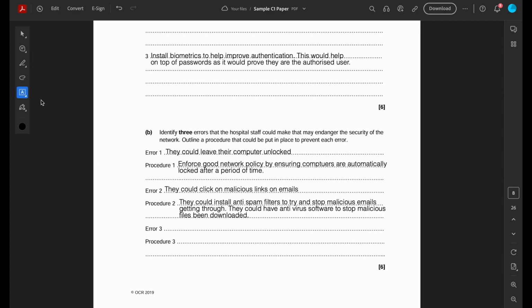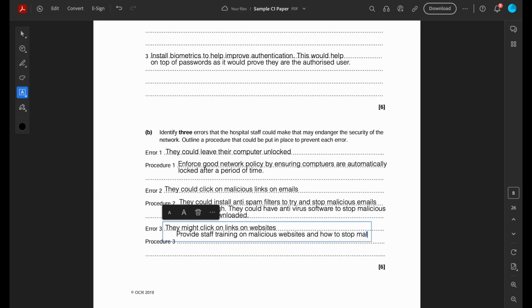They might not have good network policies generally, so they might click on links on websites, and it's the same kind of thing from above. We can get them to think about how they can try and sort it. So again, we could provide staff training on malicious websites and how to spot them.